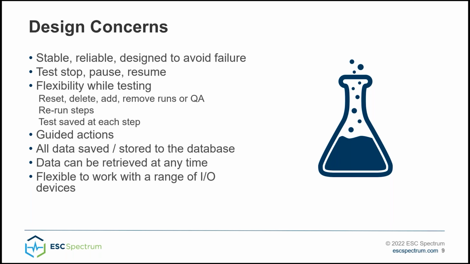Each step of the test is saved to the database for retrieval at any time. And as I mentioned earlier, the application won't let you do things out of order. The example I used earlier is a cal error must be done before a bias and drift. And although we do recommend an 8864, RATAView will also work with other I/O devices as well.